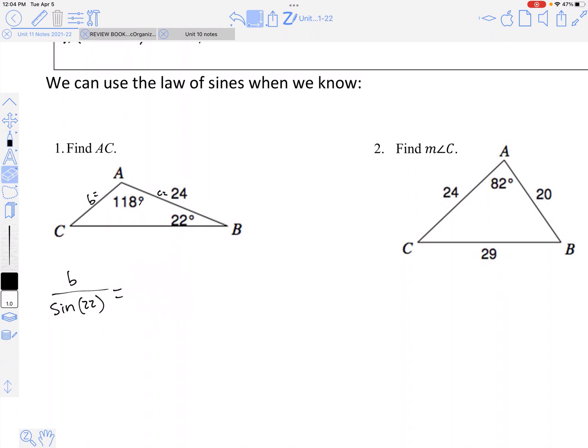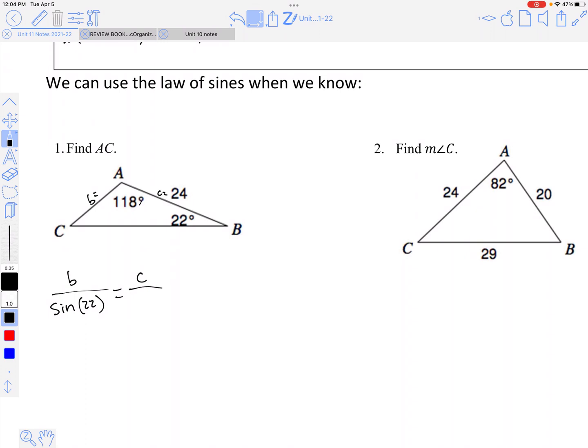The only other information we have is side C. And I can't use the Pythagorean theorem, number one, because it's not a right triangle, and also I don't have enough sides. But if you remember, the insides of a triangle always add up to 180.